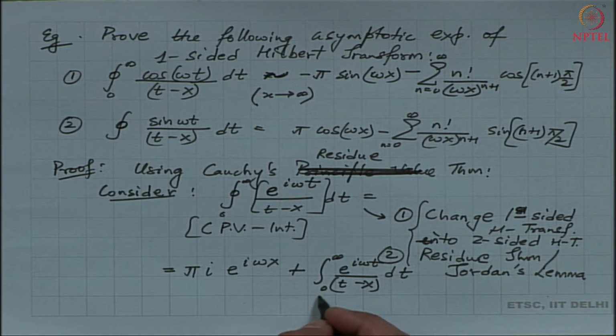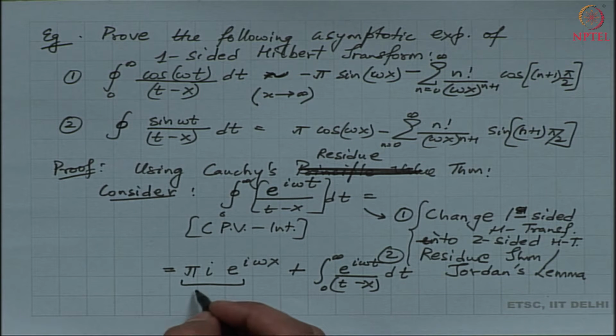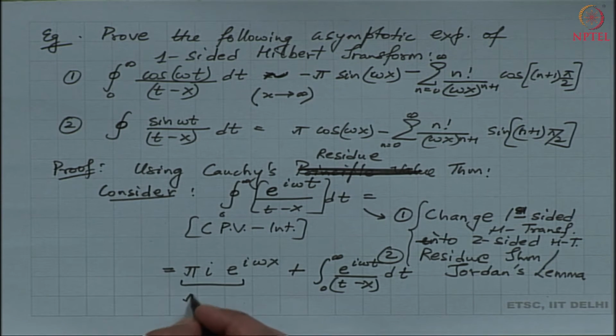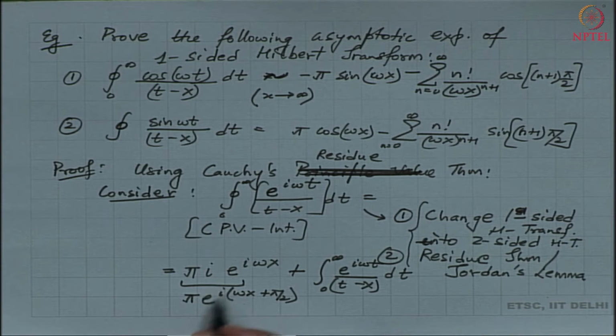This is the integral that we are trying to evaluate to begin with, and we take its real and imaginary parts. The first term comes out due to Cauchy's residue theorem. Let me rewrite this first term: it is pi times e to the power i omega x plus pi by 2, as I have absorbed the i inside the exponential using Euler's formula.